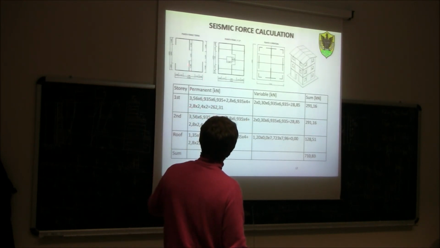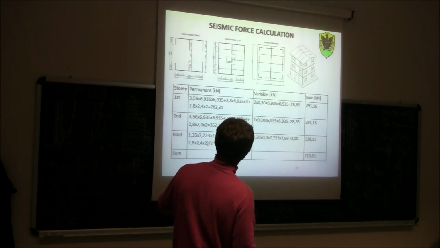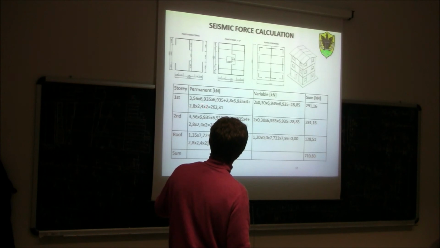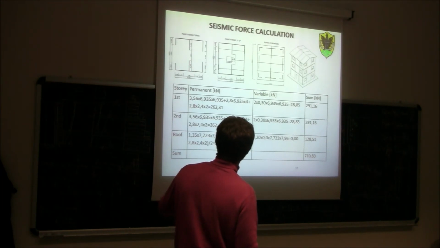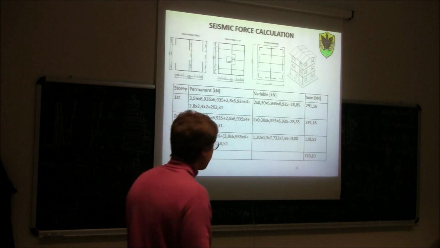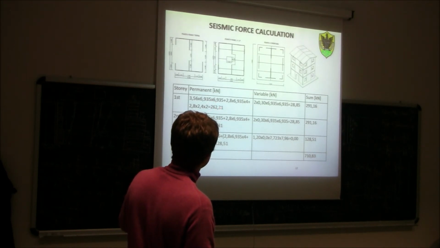Plus 2.8 times 2.4 times 2. So this is 2.8, this interior wall, times 2, because we have 2 interior walls, times 2.4 times 2, this is the total length, times 2.8, the total weight per meter of wall. So 262.31.